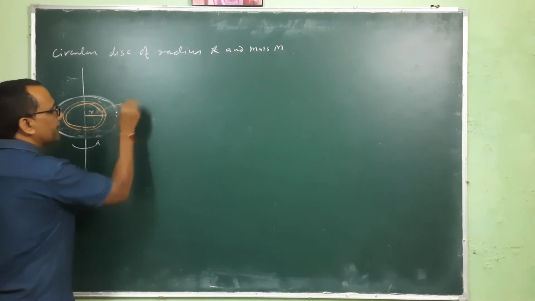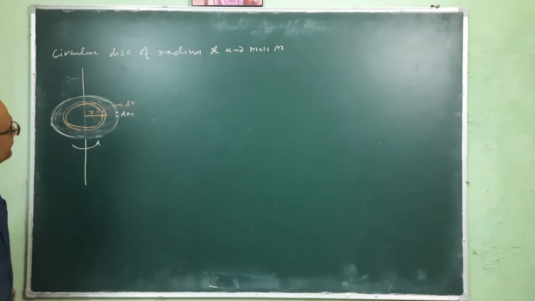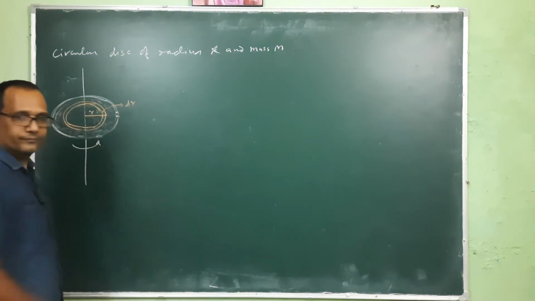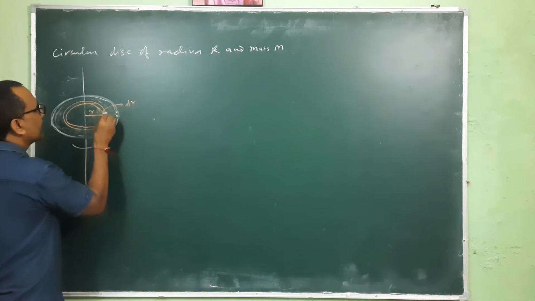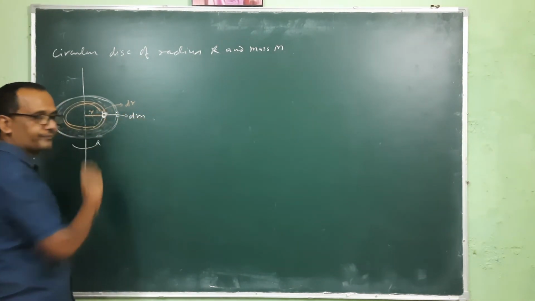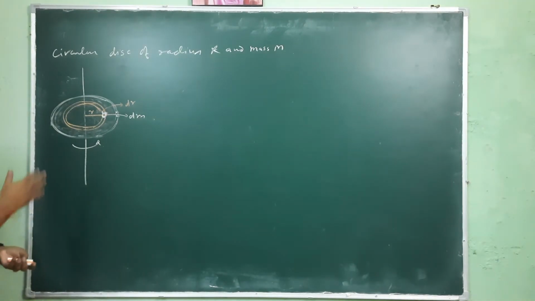This thickness is dr, and the mass of that segment is dm.